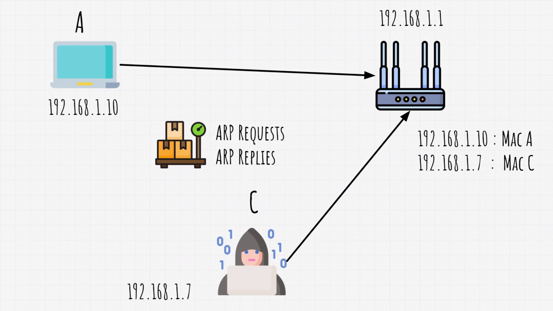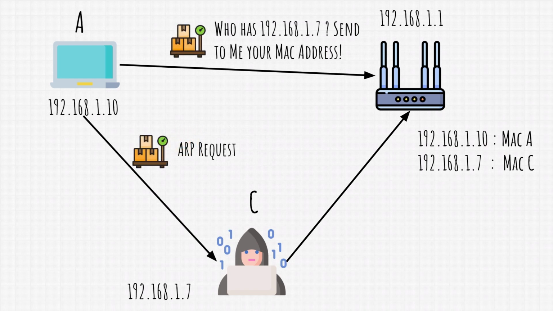A request would look something like this. Let's say machine A wants to communicate with our Kali Linux machine. To do that, it must know our MAC address, so it sends the ARP request to the broadcast address, which simply means every machine on the network will get that ARP request.